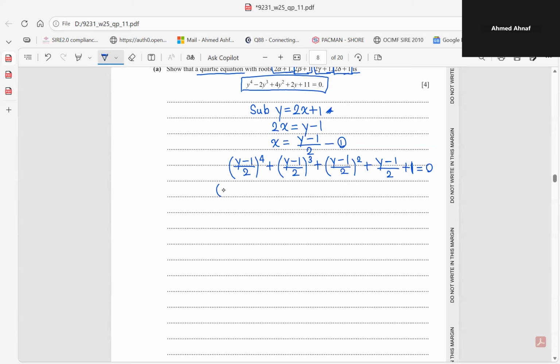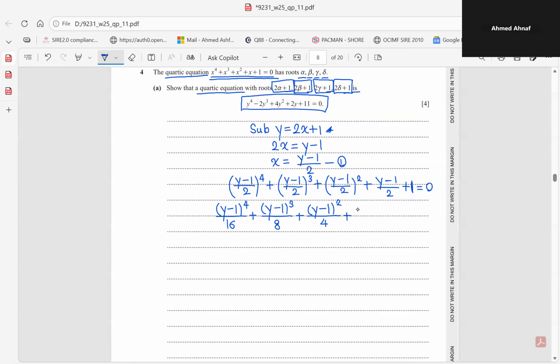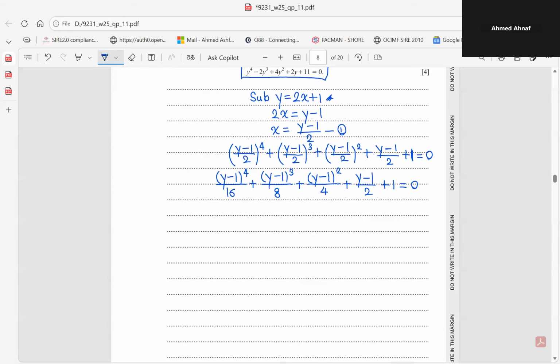Okay, so simplify everything. So (y minus 1) to the power 4 over 2 to the power 4, that is 16, plus (y minus 1) cubed over 2 cubed, that is 8, plus (y minus 1) squared over 2 squared, which is 4, plus (y minus 1) over 2 plus 1 equals 0.